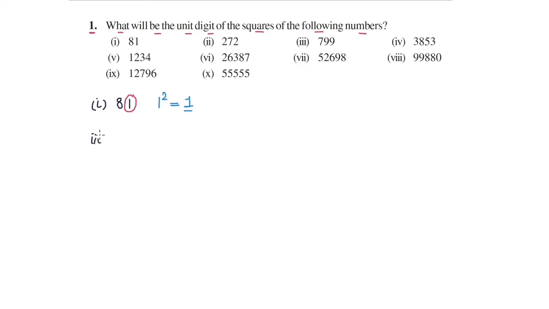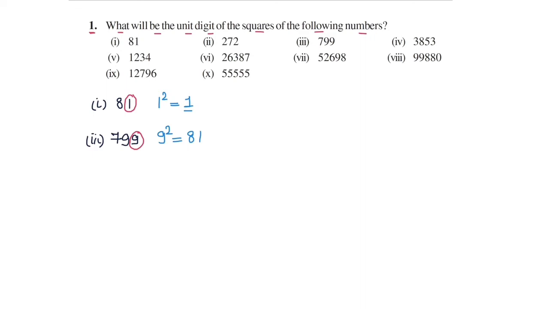Now let's move to part 3. In part 3 the number is 799, and if you find the unit digit, 9 will be your answer. I think you're also doing it with me, right? Now when we find the square of 9, 9 times 9 will give you 81.